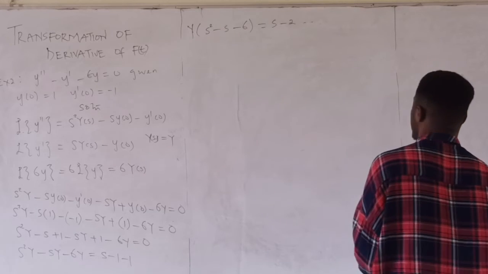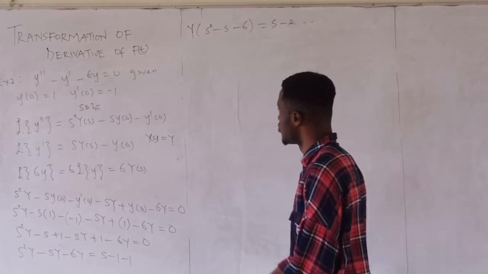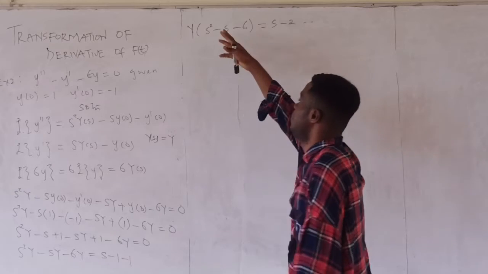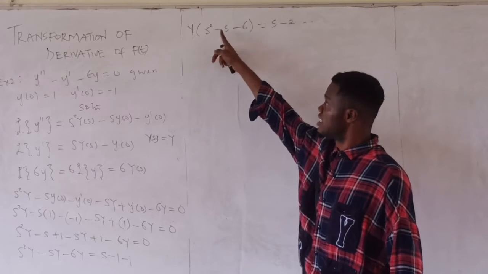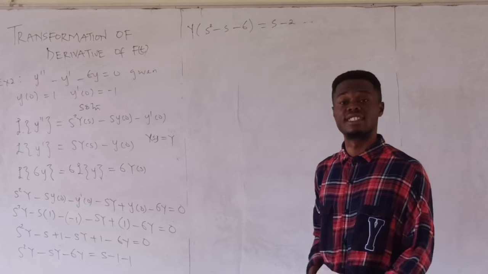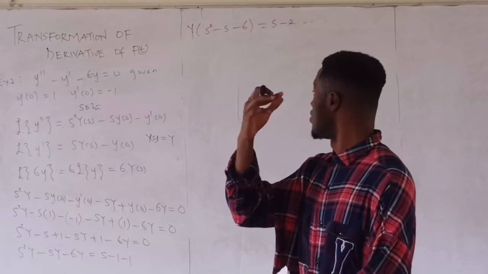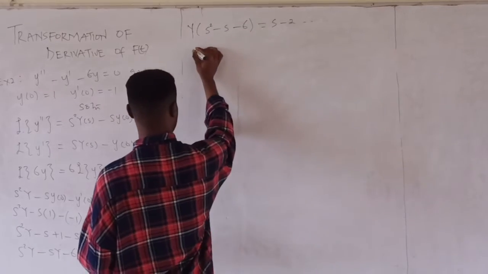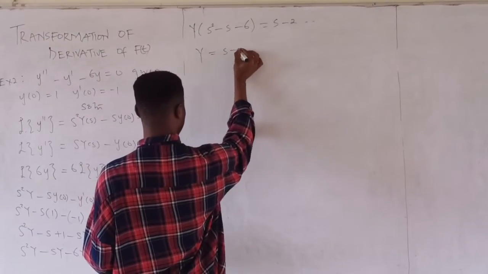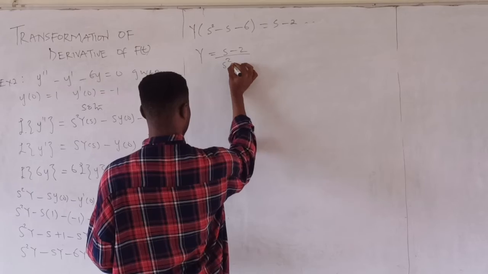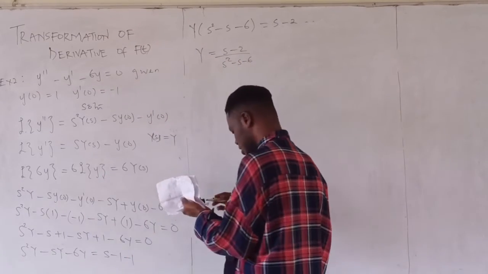It's going to be s minus 2. Alright, so as usual, we are going to divide both sides by s squared minus s minus 6. So if you divide both sides by s squared minus s minus 6, we are going to have that y now will be equal to s minus 2 divided by s squared minus s minus 6.